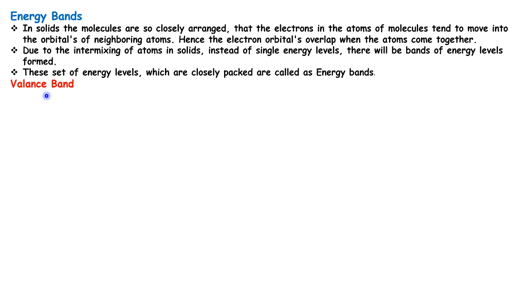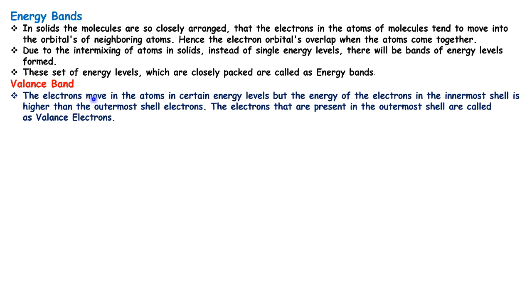Valence band, how do we define the valence band? The electrons move in atoms in certain energy levels, but the energy of an electron in the innermost cell is lower than that of the outermost cell electrons.